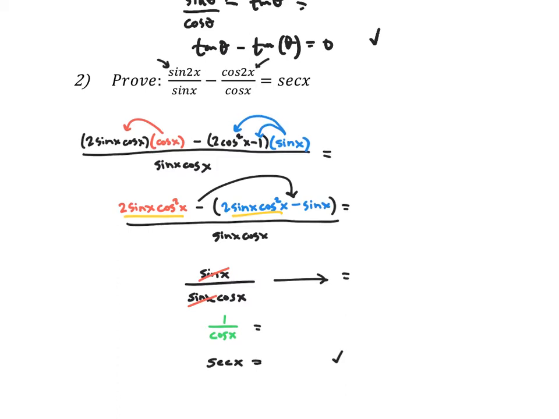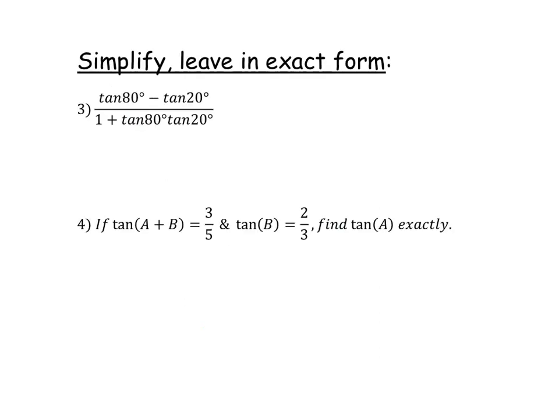Let's move on to a few other scenarios using half angle or sum, I guess compound angle or double angles. So let's get to it. Okay, some practice on the concept of compound angle. If you look at this, you should see tan of A minus tan of B. So we could say that A equals 80 and B equals 20.